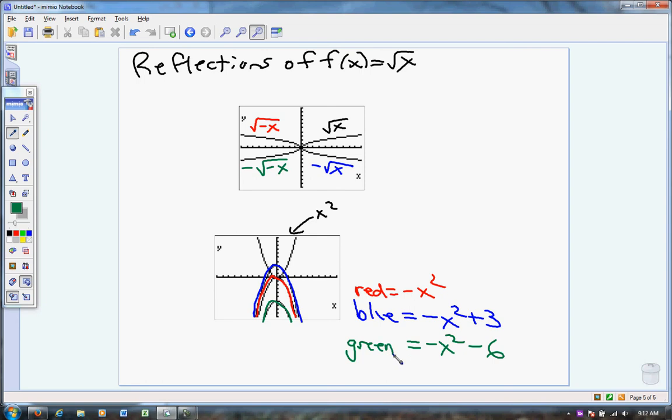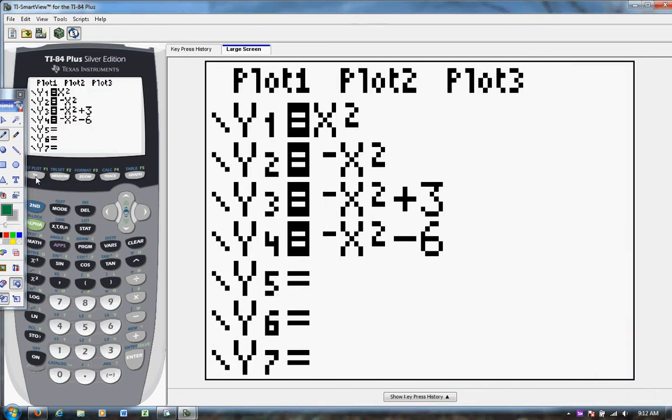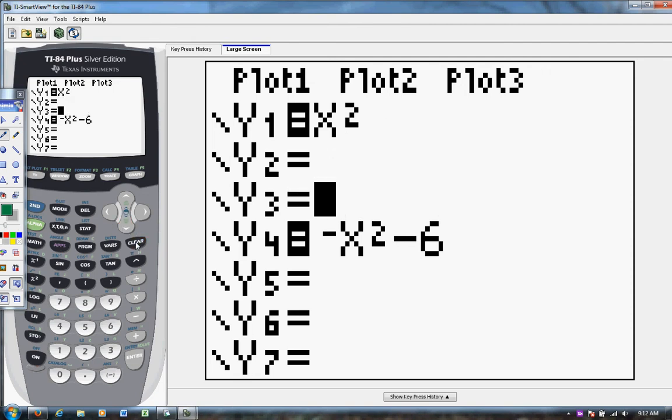But we do want to keep all of those flips straight. Now, one other thing that we need to look at is the impact of a horizontal shift on quadratics. So let's leave the parent function in there and let's clear out the rest of these.